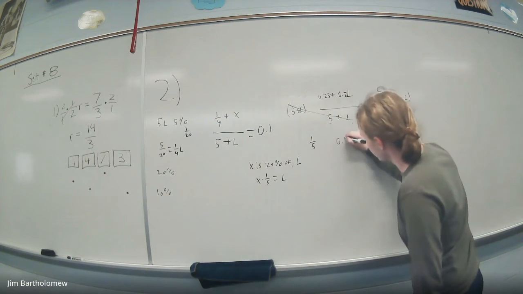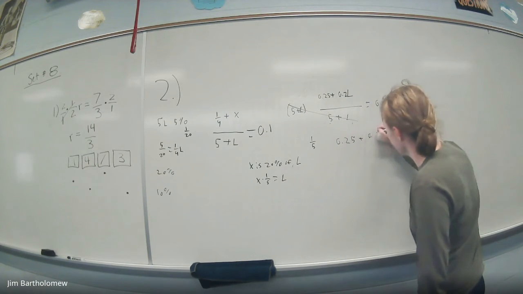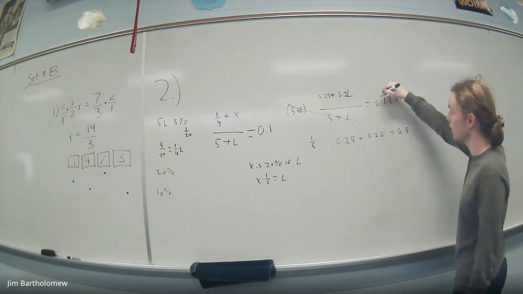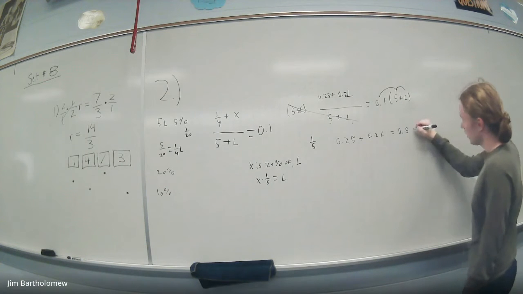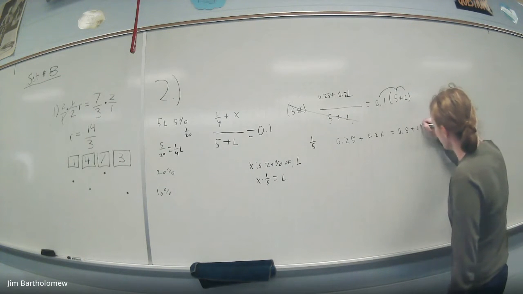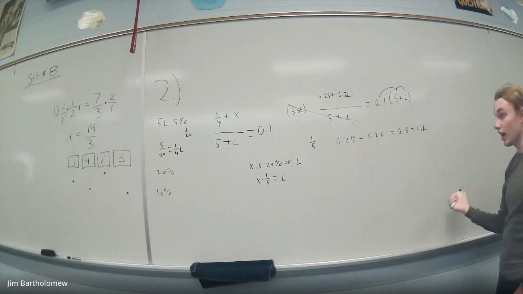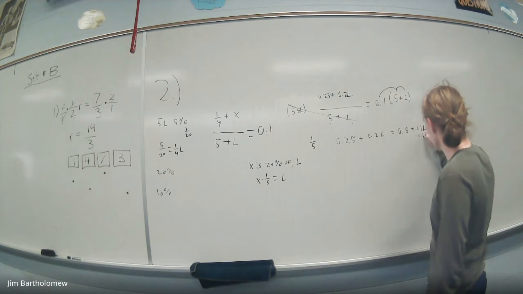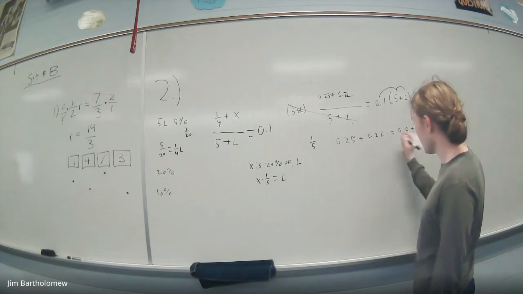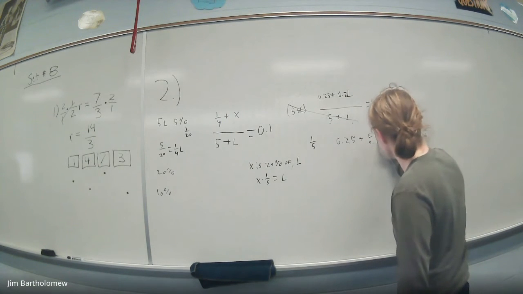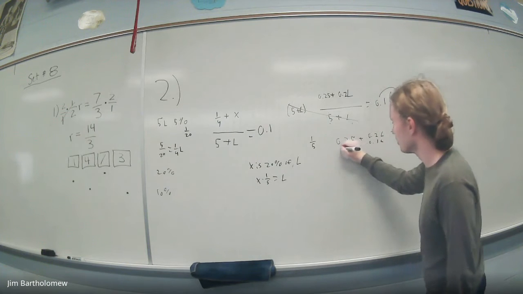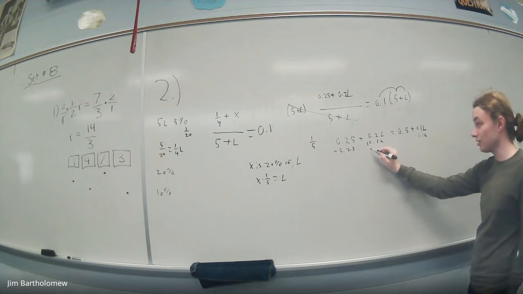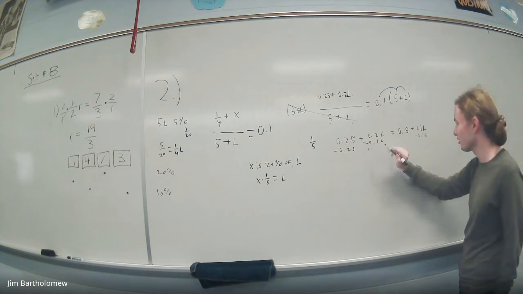Now we have 0.25 plus 0.2 L equals 0.5, because you're multiplying this to both of them, plus 0.1 times L. Now we can isolate our L variable by subtracting 0.1 L from this side, and then subtracting 0.25 from this side. I was right the first time.